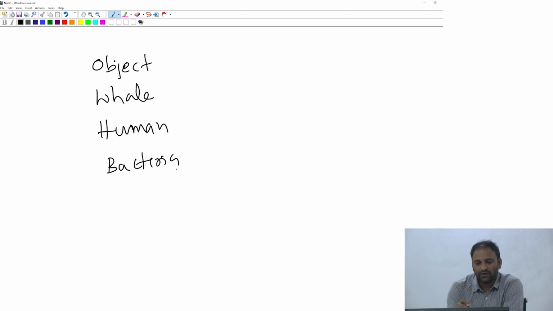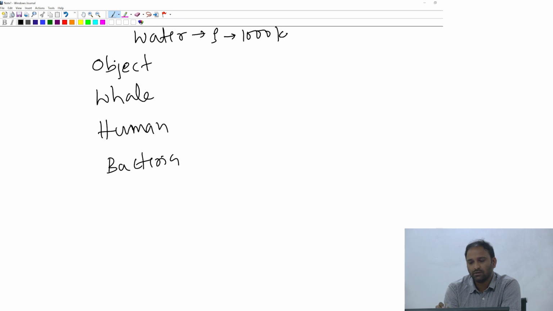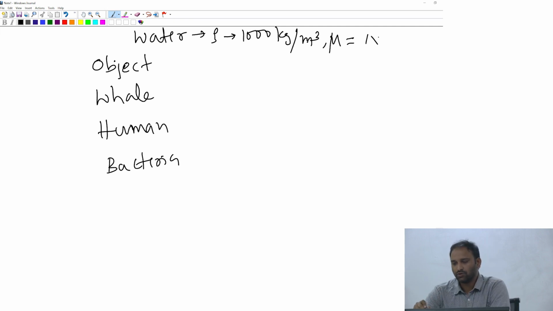They're all swimming in water. And the properties of water, at ambient temperature: your rho is going to be 1000 kg per meter cube, the density of water, and your viscosity. What's the value of viscosity of water at 25 degrees centigrade? It is 1 into 10 power minus 3 Pascal second. That's your viscosity.